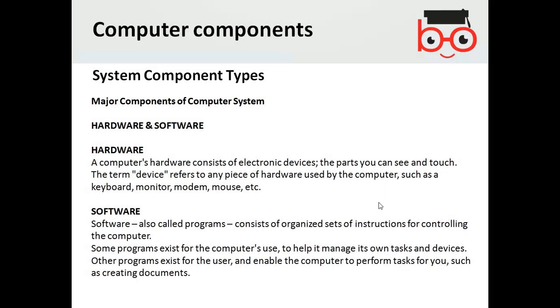Major components of a computer system: normally hardware and software. In simple words, hardware consists of electronic devices, the parts you can see and touch. So hardware is defined by the physical components of the computer that you can see as well as touch.